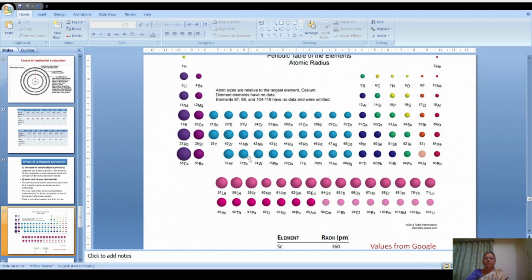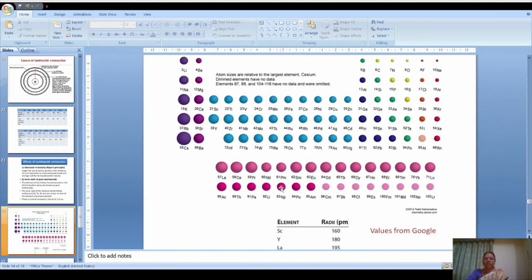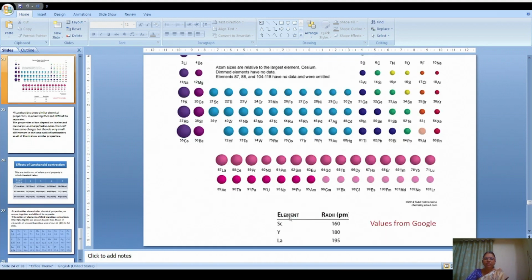These are the post lanthanide elements, from hafnium onwards. Here, what is expected? Scandium, a first transition series element, has radius 160, yttrium 180, lanthanum 195.